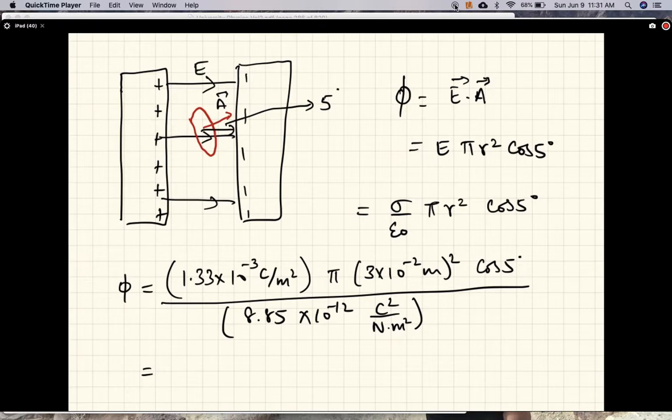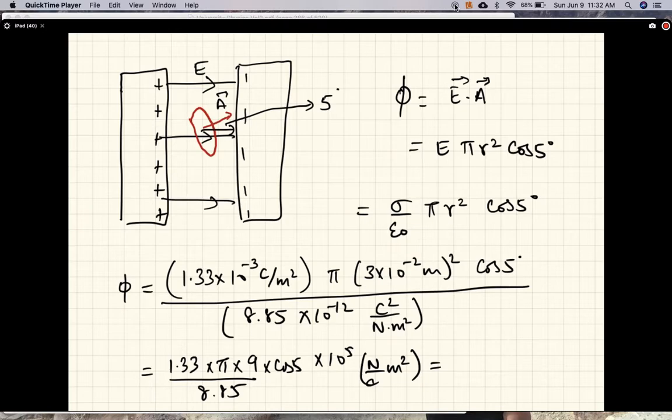So let's do again: minus 7 plus 12 is plus 5, so 10 to the 5, 1.33 into pi into 3 square, which is 9, divided by 8.85, and Newton per coulomb meter square are the units. Oh, and then cosine 5.